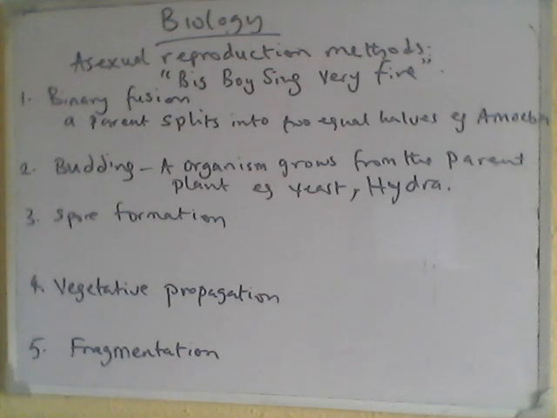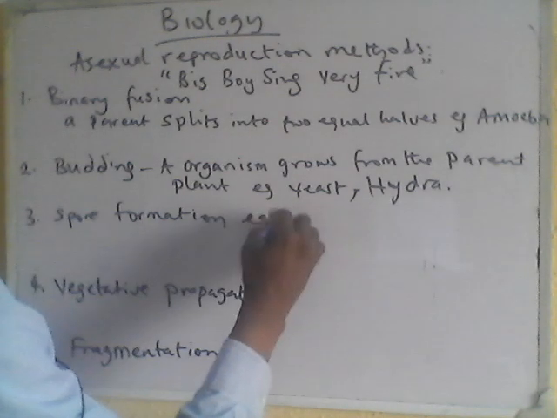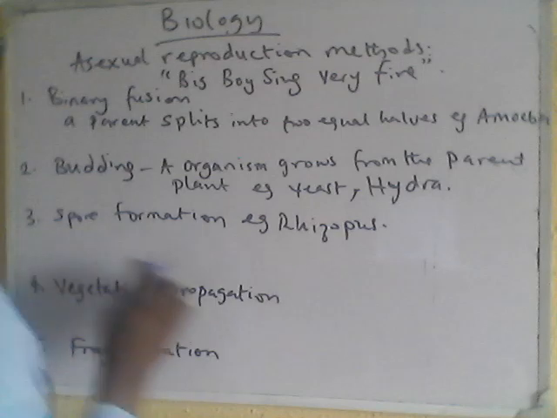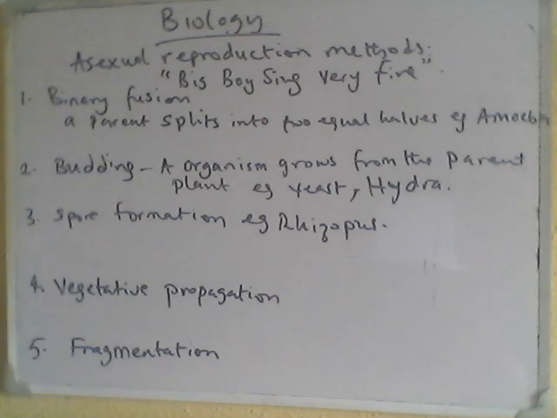Okay, so spore formation. What does it mean? It's a special reproductive cell released to form organisms, e.g. rhizopus. So rhizopus is an organism that does this. It releases spores and forms itself.